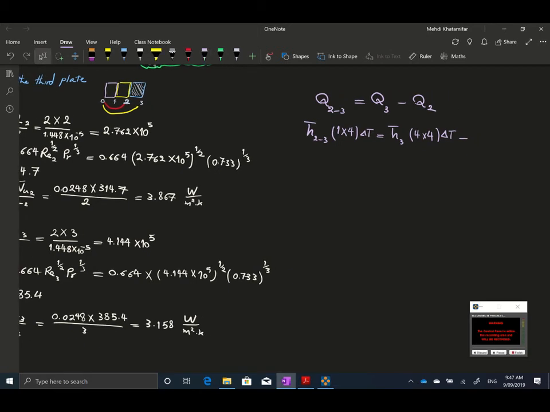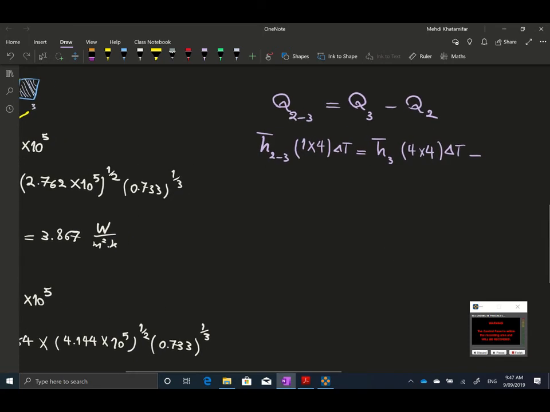Instead of writing their lengths, let me write L. This is delta T, L between 2 and 3 times 4, and this is H between 2 and 3.